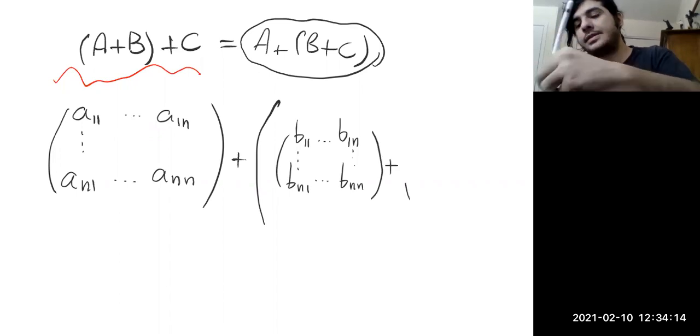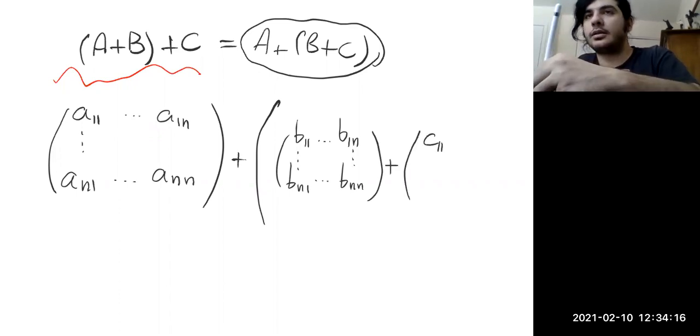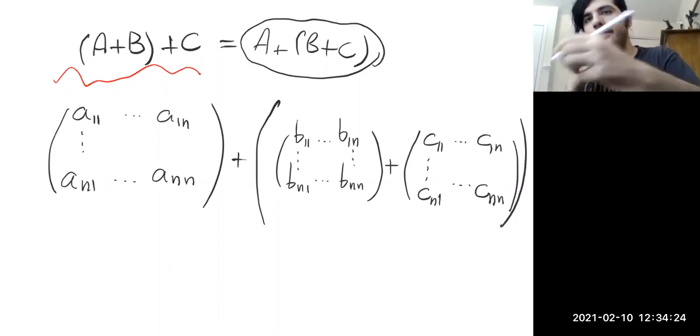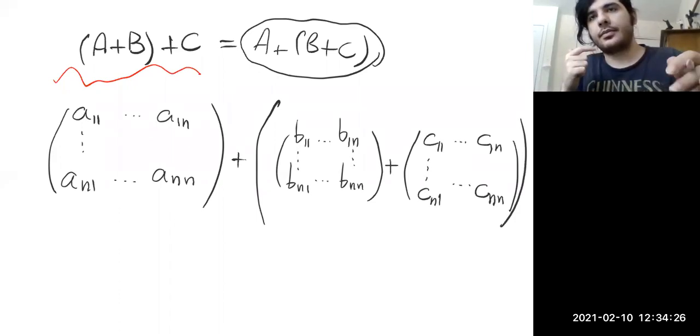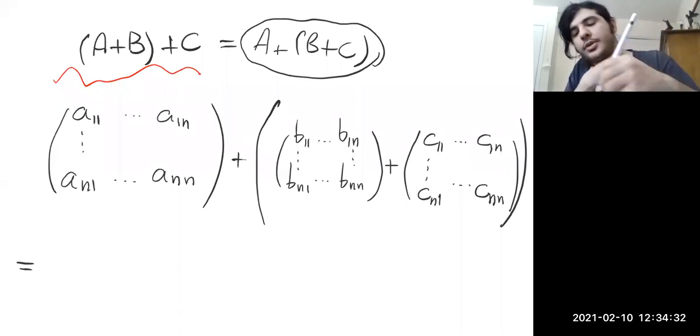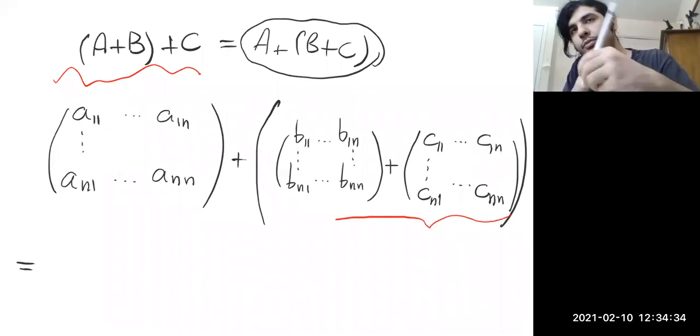And then I have C11 to C1n. The last row is going to be CN1 to CNN. Now here, first I should compute the sum of these two matrices.